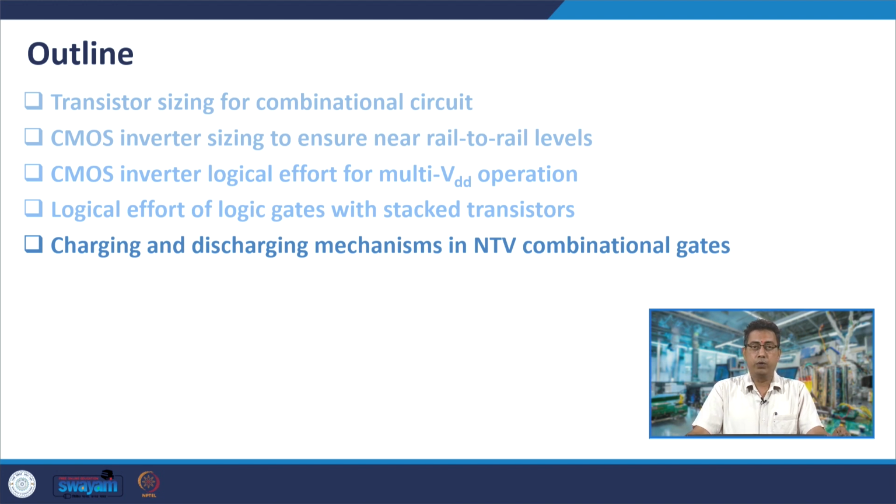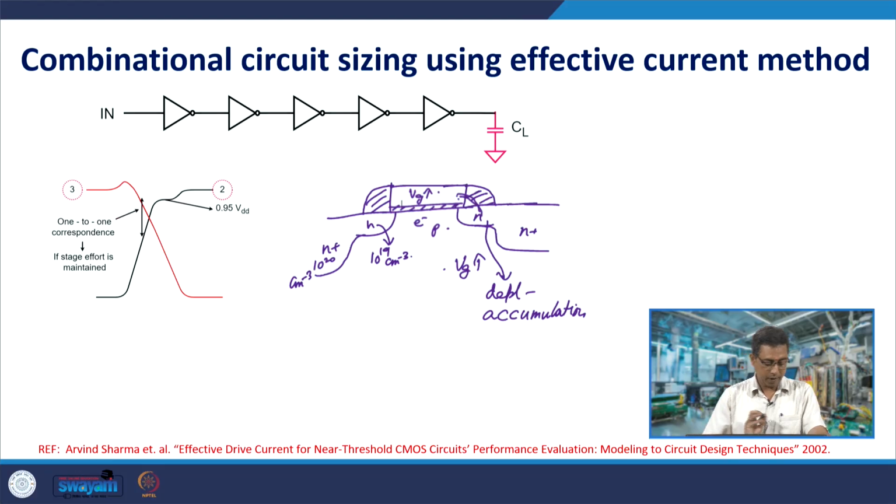This we will use in obtaining more accurate effective current and logical effort models for combinational gates, which we will be using in predicting the impact of variability in near threshold voltage circuits. Typically we are discussing combinational circuits, which can be represented by an inverter chain.